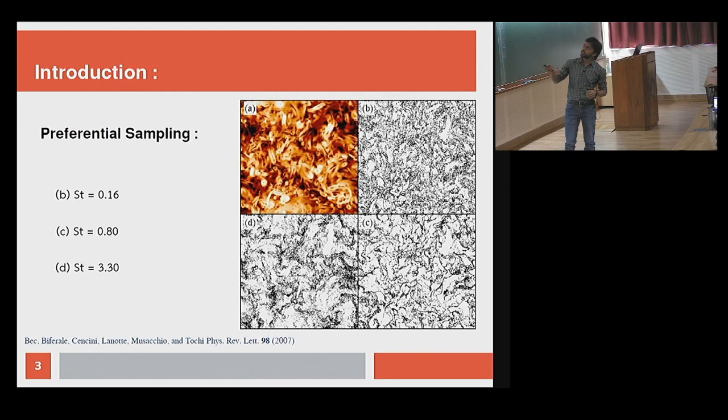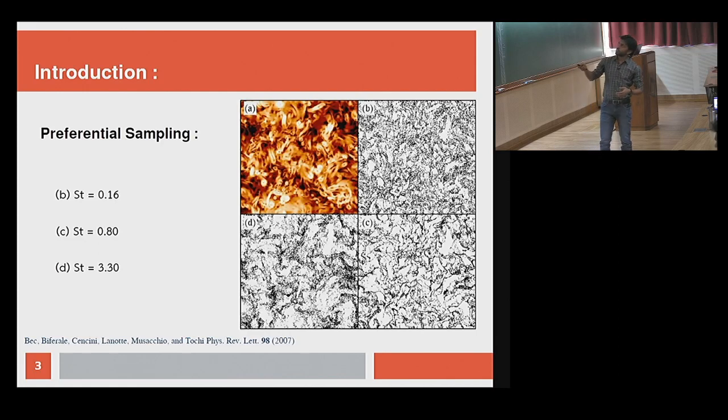The vacant regions have a large amount of vorticity compared to the regions occupied by the particles. So inertial particles are ejected from the vortical regions and start populating the straining regions of the flow.